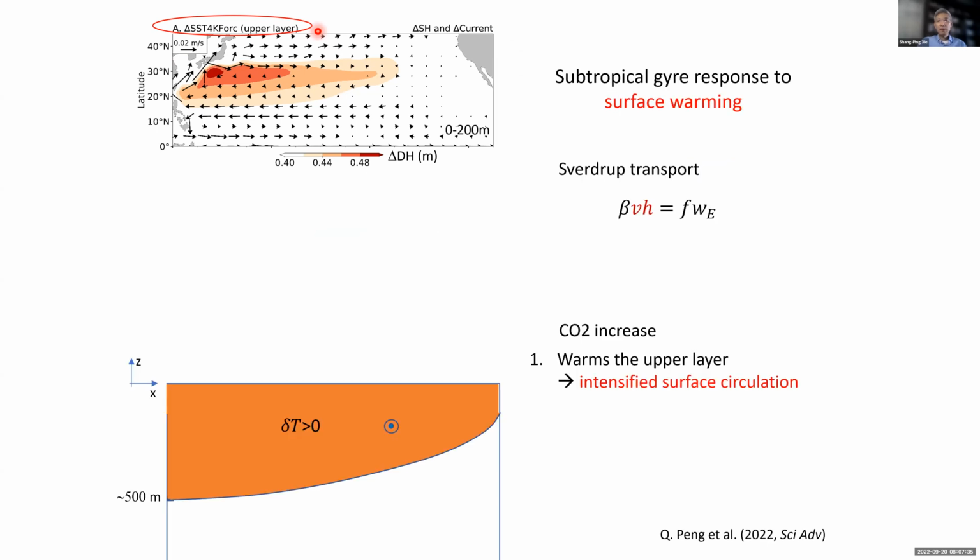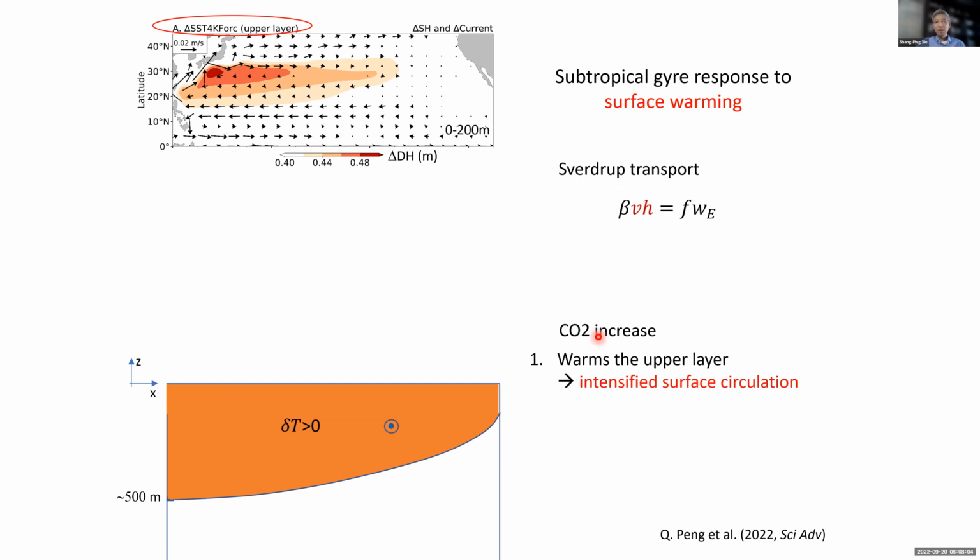So basically, without wind change, because in this experiment we keep the wind stress constant, one needs to conserve the vertically integrated mass transport, constrained by the Sverdrup transport as written here.